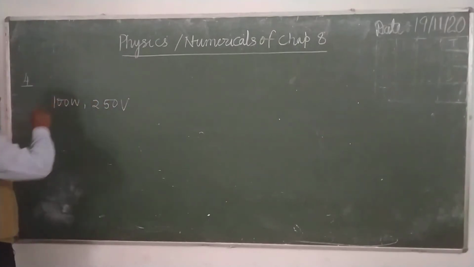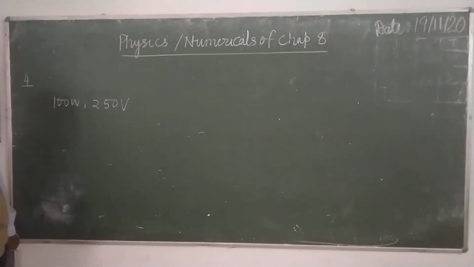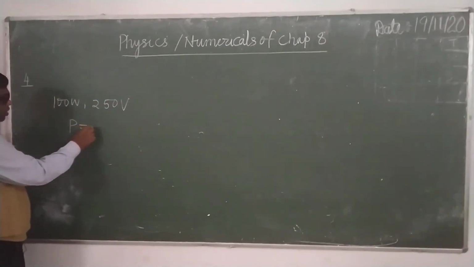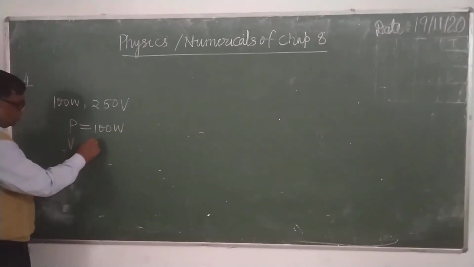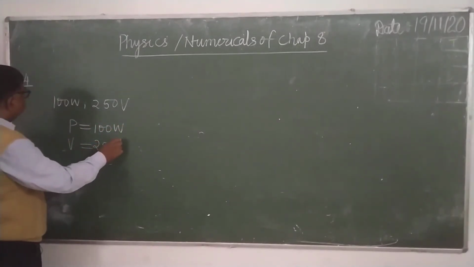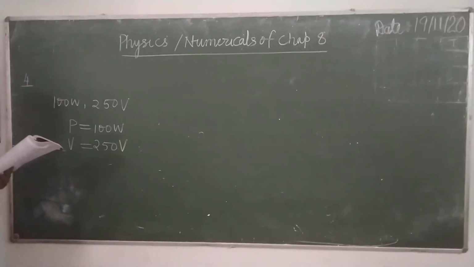What is given here? Power is given 100 watt and V is given 250 volt. It is clear? Rated this and this. How much current will the bulb draw if connected to 250 volt supply? If it is connected to 250 volt supply, then how much current will be drawn? So you can find it very easily.